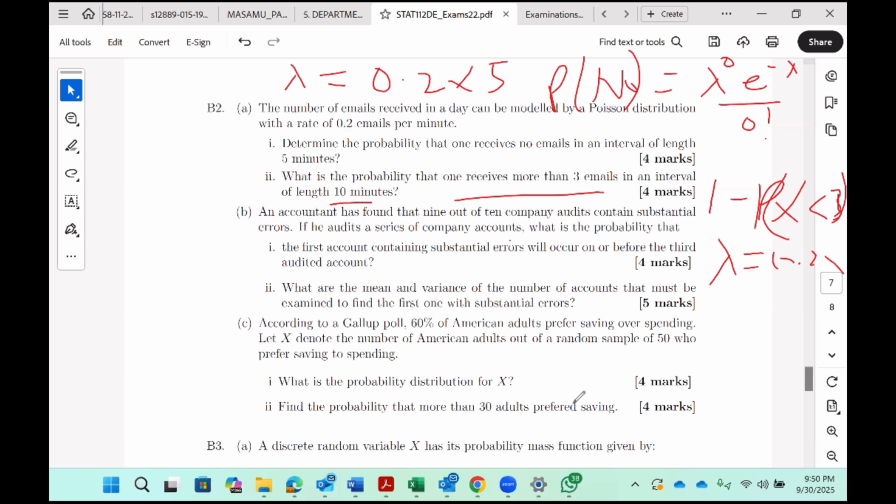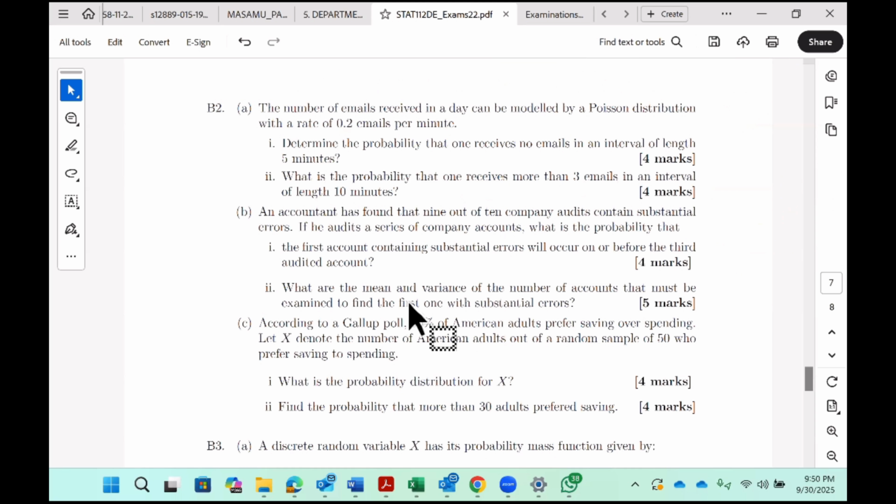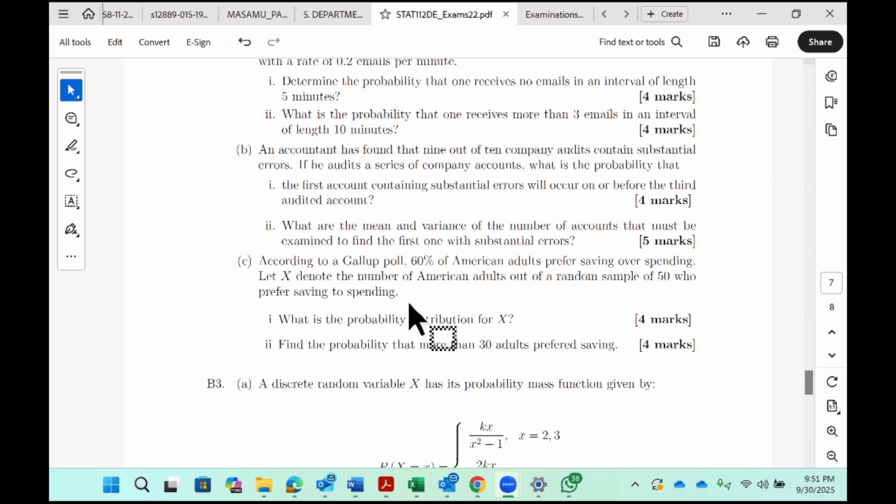Then let's go to B. B says an accountant has found that 9 out of 10 company audits contain substantial errors.